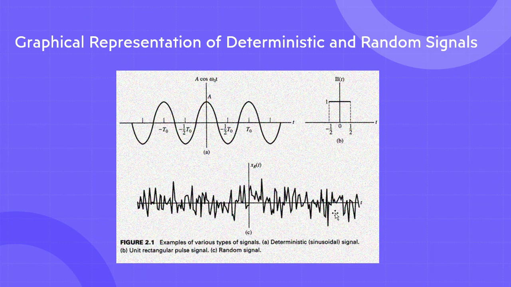Okay, so up until now we have seen continuous time signals, discrete time signals, analog signals, digital signals, periodic signals, non-periodic signals, even signals, odd signals, energy signals, power signals, deterministic signals, and random signals. Okay, these random signals are also known as stochastic signals.